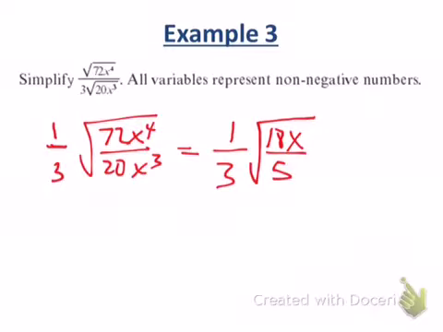But we haven't completely fixed our problem, have we? What's the problem? The rule on how they want this answer to look means I can't have that square root of 5 left in the bottom. So what do I have to do with that square root of 5? Multiply top and bottom by the square root of 5, right?